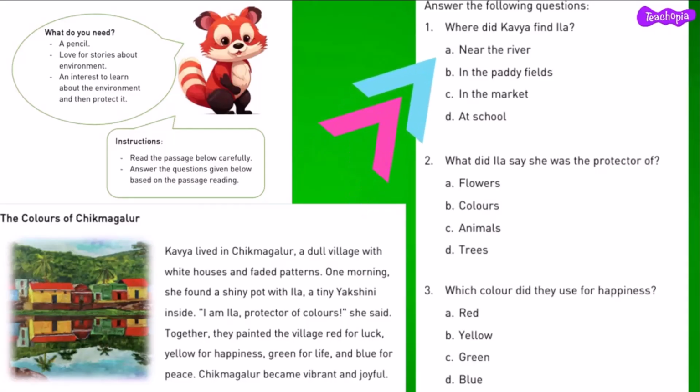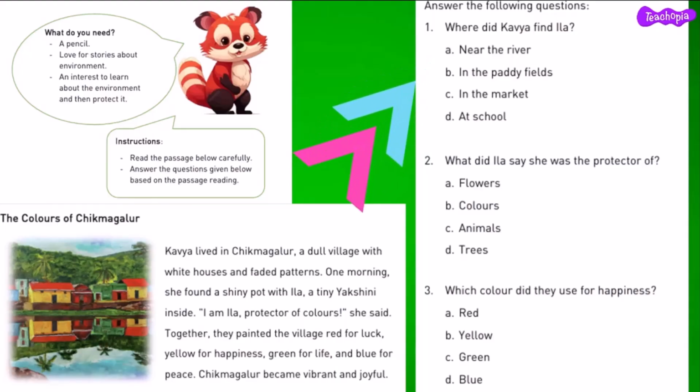Chikmagalur became vibrant and joyful. Wow, isn't that amazing? I hope all our learners too have vibrant colors in their lives. Then we have the following questions. The facilitators can read out the questions, and the students can reread the passage and find the correct answers.